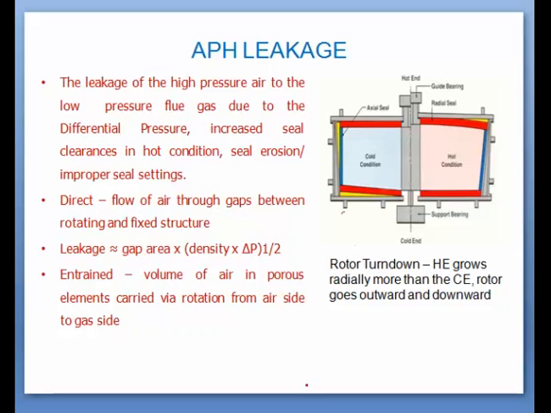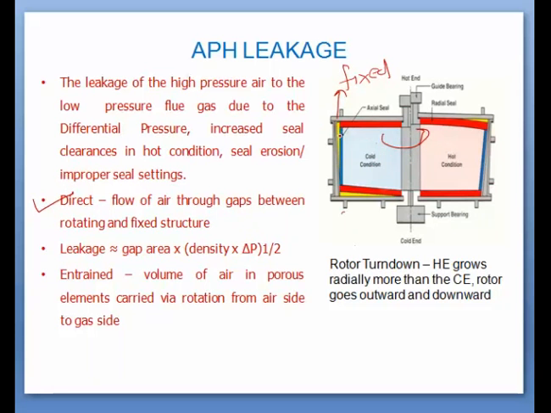The second reason is the direct flow of air through gaps between the rotating and fixed structure. So this is the fixed structure, that is the housing, and this is the rotary portion which is rotating, that is the rotor.